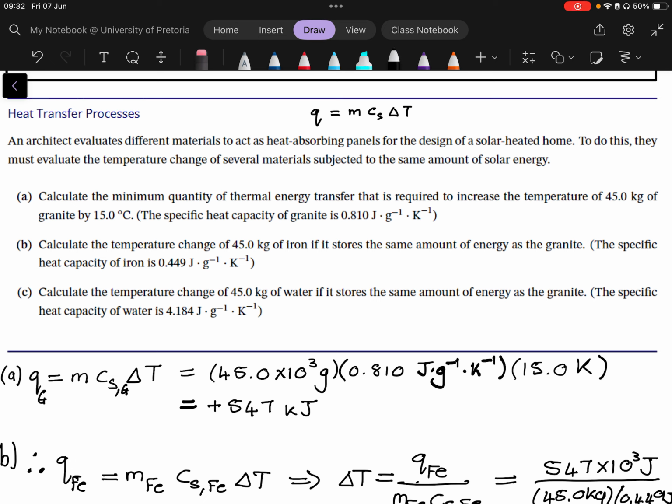Well, in this example, an architect evaluates different materials to act as heat-absorbing panels for the design of a solar heated home. To do this, they must evaluate the temperature change of several materials, meaning that if we give three different materials the same amount of heat, which one is going to have the smallest change in temperature?